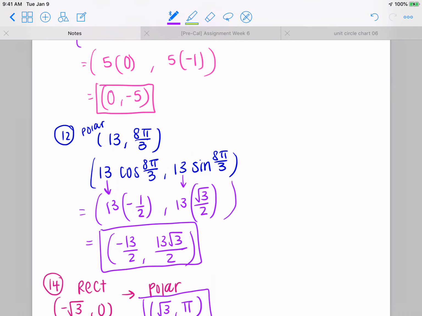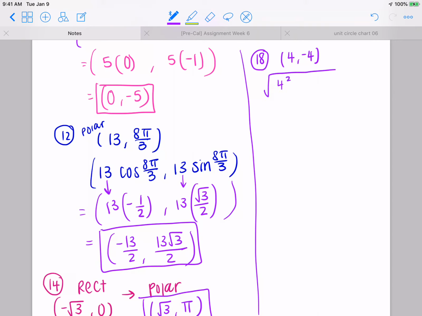Okay, let's do number 18. Number 18 is 4, comma, -4. And do your square roots. We got 4 squared plus -4 squared. This is going to be 16 plus 16, which is square root of 32.